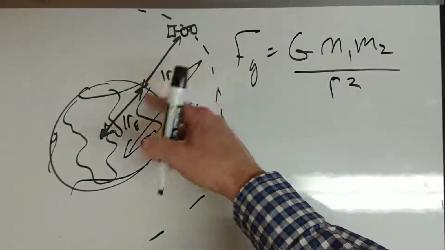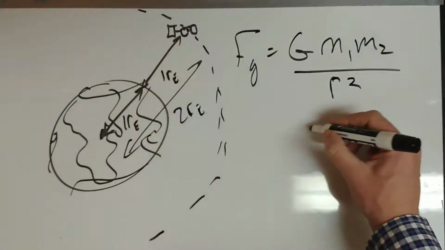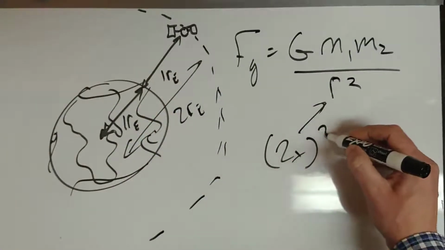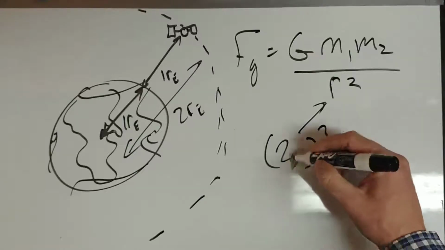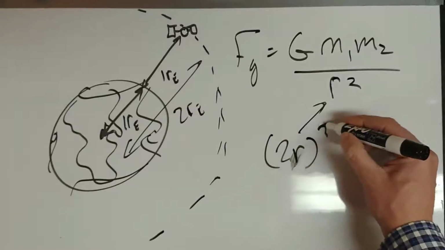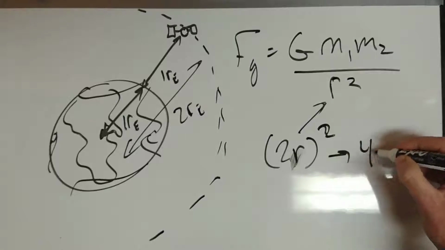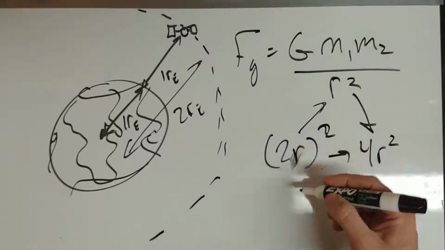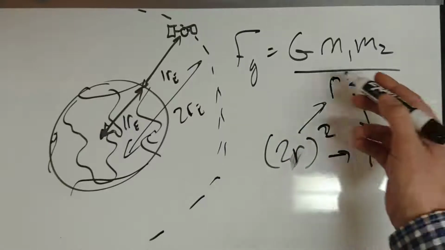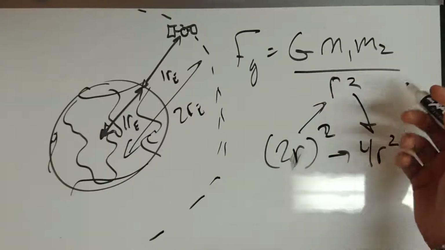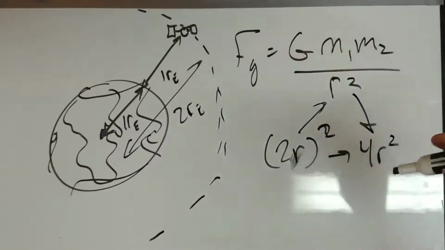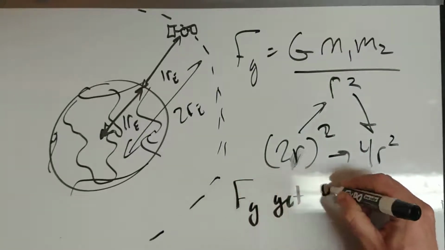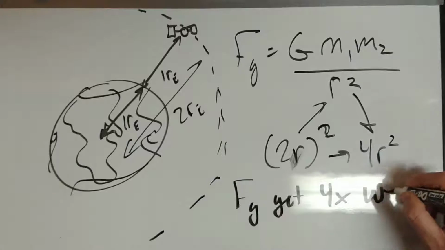This is the distance between their centers. If I double this, well, it's squared, right? So if I double that radius and then it's squared, it actually ends up being 4r squared, right? And because it's on the bottom, if I make the bottom bigger in a fraction, the value of the fraction goes down. So Fg gets 4x weaker.